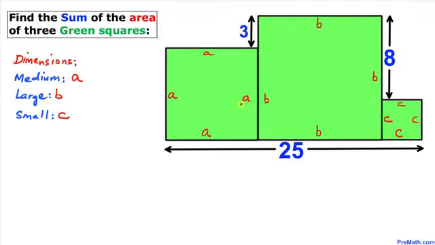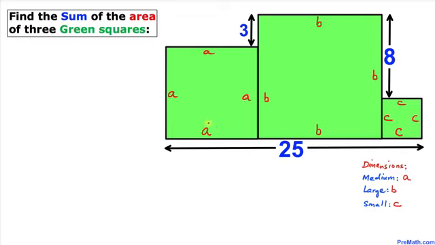Since we are dealing with squares, all sides will have A for this medium square, A on each side, and for this large square B on each side, and finally for this small square each side is going to be C, as you can see over here.